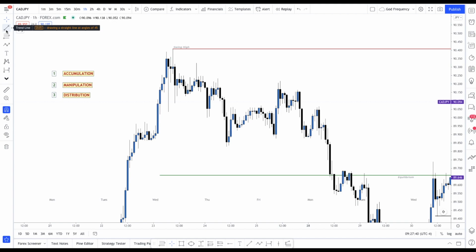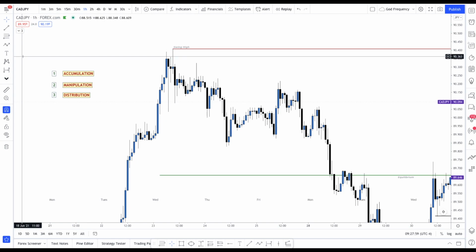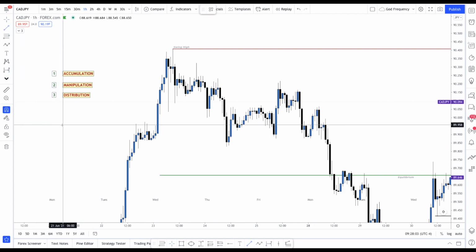Now granted, if you saw my last video, it was on how to find a directional bias or how to predict the next move. So if you already know how to find a directional bias, you know whether you're bullish or bearish, and now you're trying to frame it and really get surgical, this is how you can start to frame everything out.